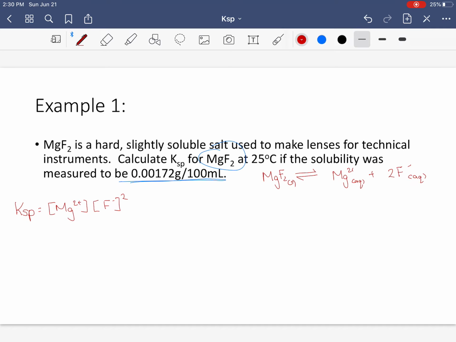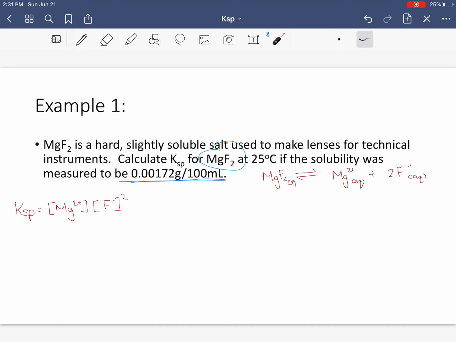Now, things are usually not abbreviated by grams per milliliter. Concentration is expressed in moles per liter. The question is, can you turn this into moles per liter? Because that's what I want.